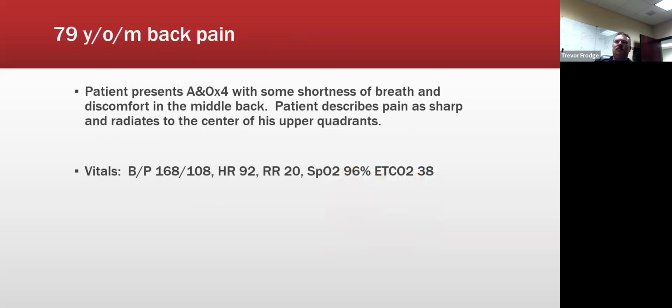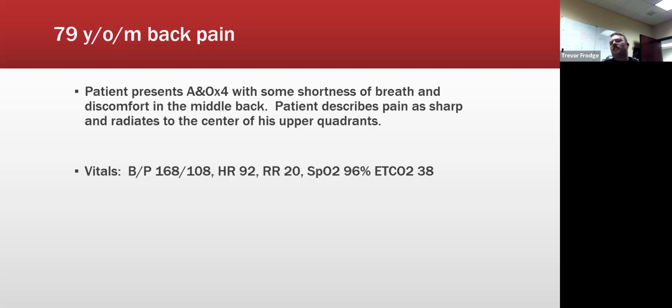So if you have a 79-year-old male with back pain, he presents alert and oriented x4 with shortness of breath and discomfort in his middle back. He describes it as sharp and radiates to the center of his upper quadrants. He says it almost feels like a tearing sensation. Tearing sensations are going to be like the hallmark sign of a dissecting aortic aneurysm.